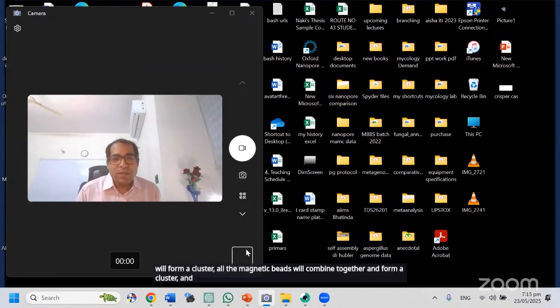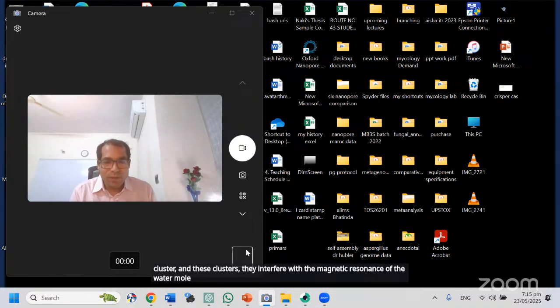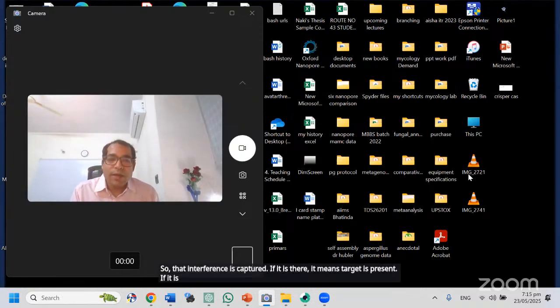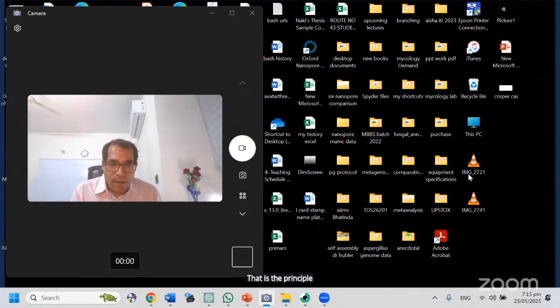These clusters interfere with the magnetic resonance of the water molecules, which is the principle of MR. That interference is captured. If it is there, the target is present. If it is not there, the target is not present. That is the principle of T2MR.